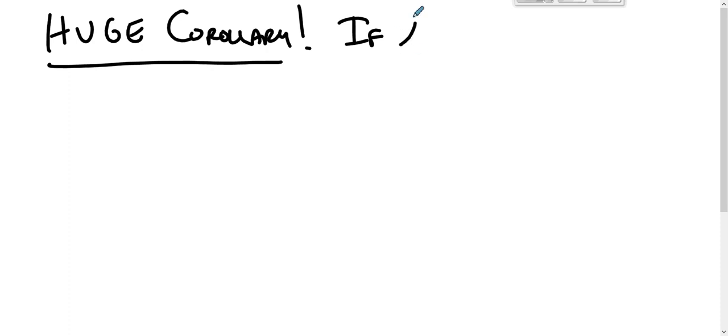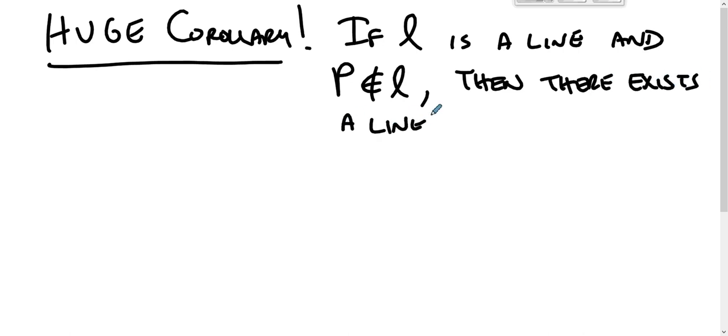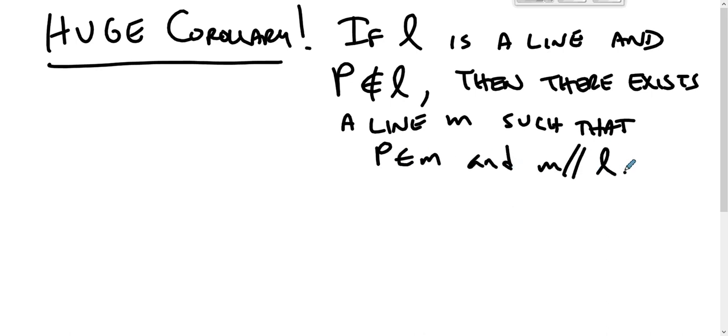If L is a line, and P is a point not on L, then there exists a line M such that P is on M and M is parallel to L. This is where the elliptic parallel postulate drops off the map for us, because this is where we prove that in neutral geometry, parallels must exist.